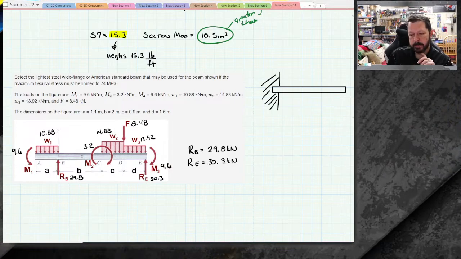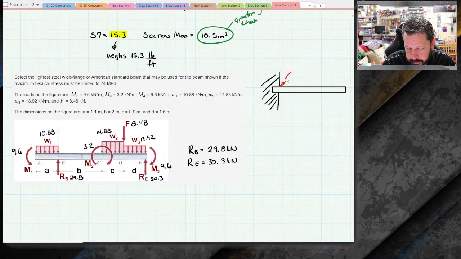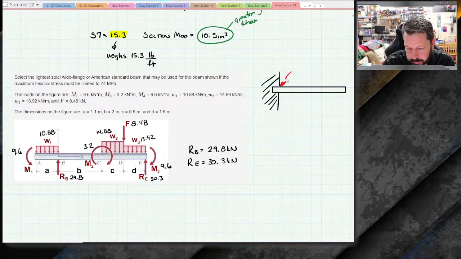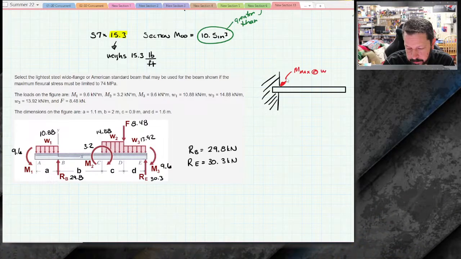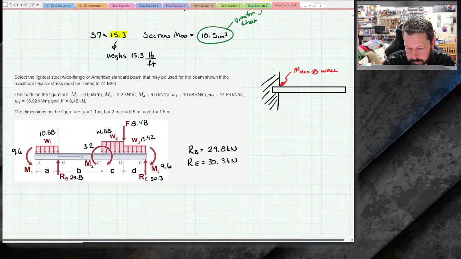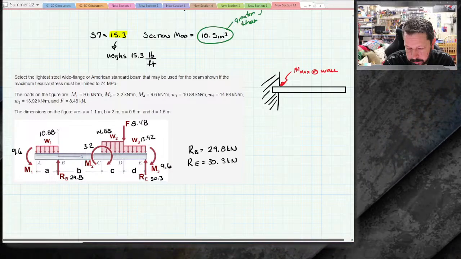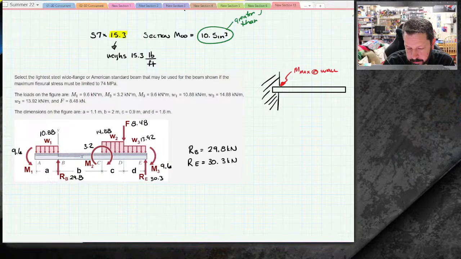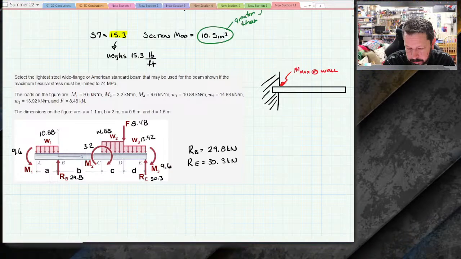Cantilever beam, maximum bending moment is always here at the wall. So you don't have to go draw the shear and bending diagram if you have a cantilever, because you know the maximum bending moment is at the wall. It is probably negative unless the beam is being pushed upwards, but that's still the maximum magnitude.